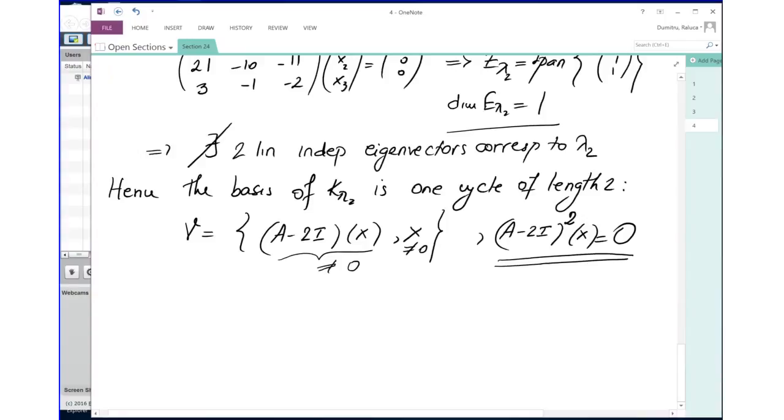Well, I'm going to start from here, compute the second power of this matrix, apply to x. The second power, if I've done all the computations right in my notes, should look like this.